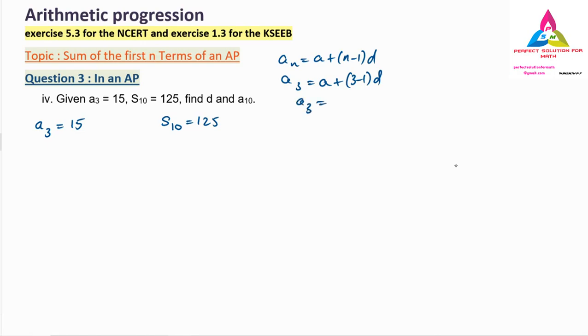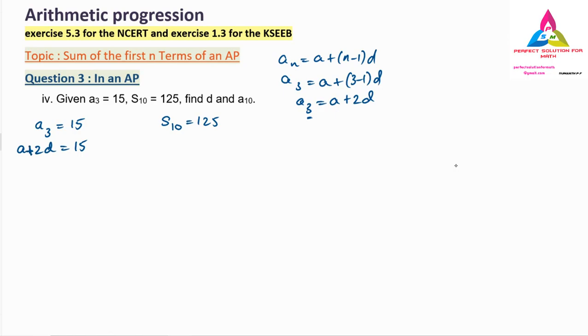So A3 can be written as a plus 2d, since 3 minus 1 is 2. This is what we learnt in 5.2. So I will substitute below: a plus 2d is equal to 15.